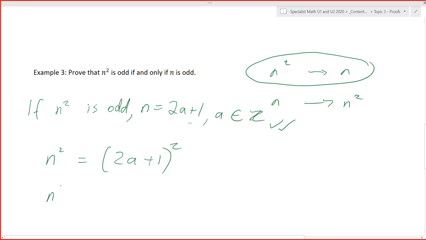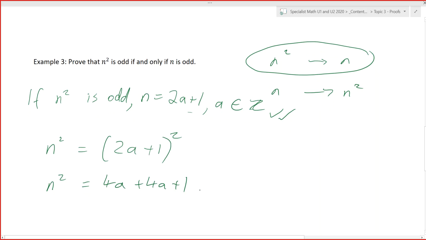Expand the brackets. Then this step might not be completely logical for you guys. So you can see this original statement, we've got 2 times a number plus 1. So we want this to look similar to that, because then it shows that it's also odd.